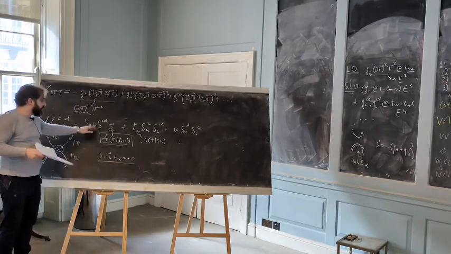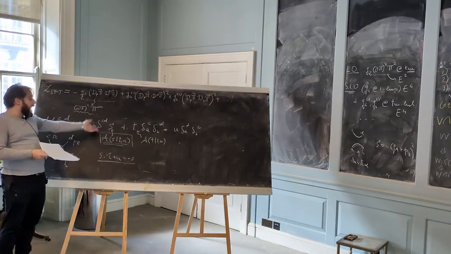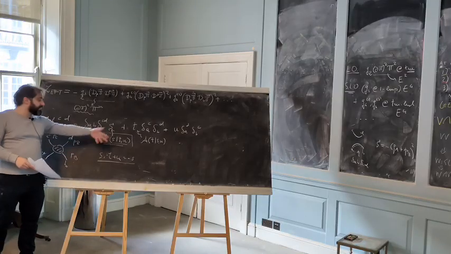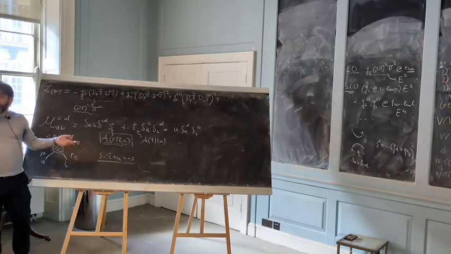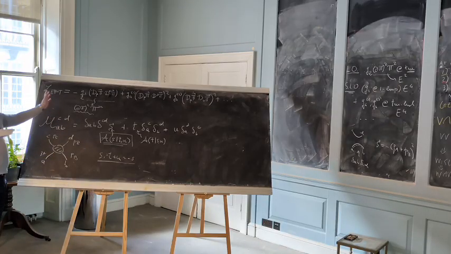So you see, the answer that you get at tree level is the most general structure that you can get compatible with all the symmetries, like crossing symmetry, analyticity, polynomial boundedness. It's just S. You're done. And this is basically the content of effective field theory.